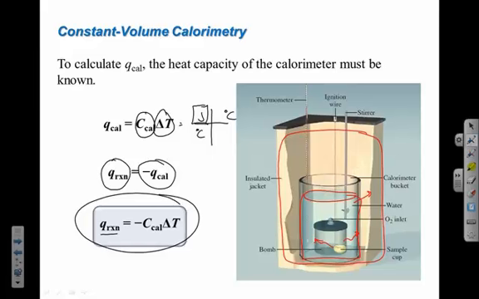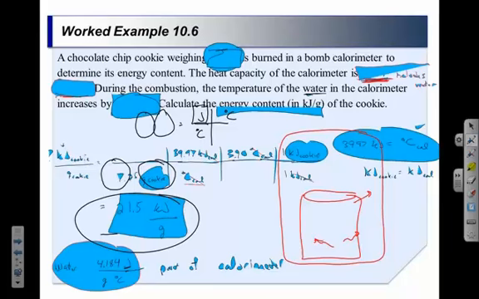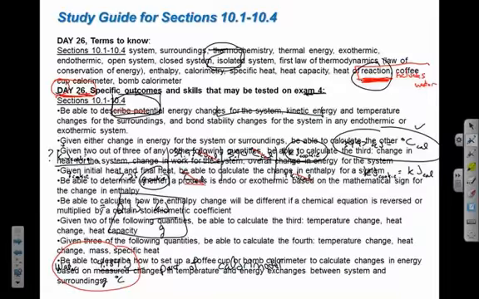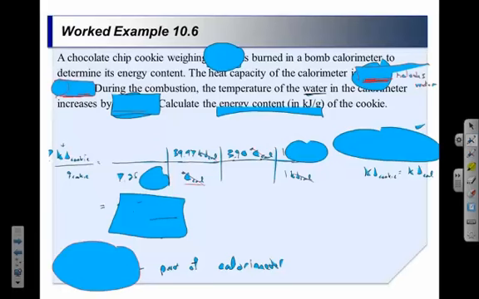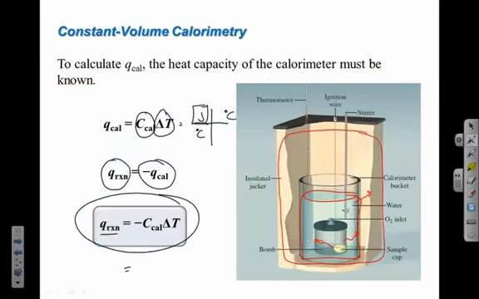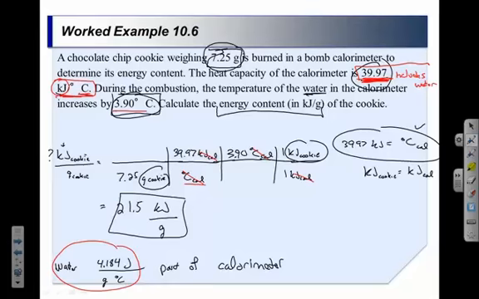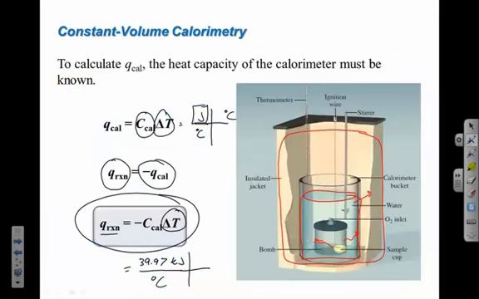So if I'm looking for the reaction's release of energy, that would be equal to the heat capacity of the calorimeter, which was given as 39.97 kilojoules per Celsius. Multiply that by the change in temperature for the calorimeter, which was 3.90 degrees Celsius.